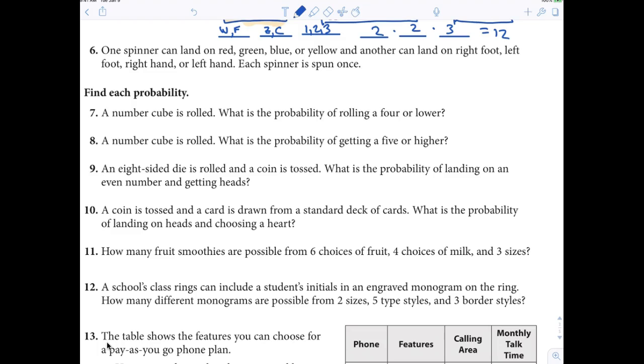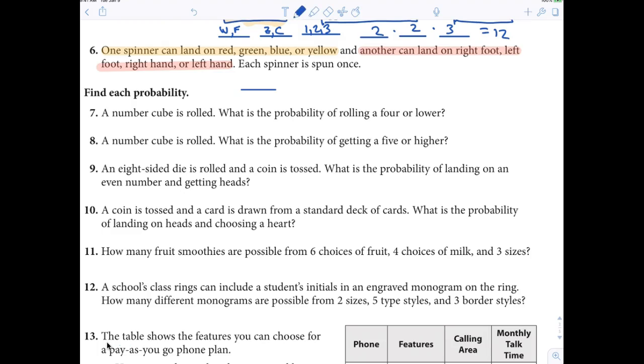Because on this spinner right here, listen, you can have red, green, blue, or yellow. So you're going to spin that spinner. Do you agree? And then this over here is another spinner. You with me on this? So how many times are you going to spin the spinner? You're going to spin it twice.